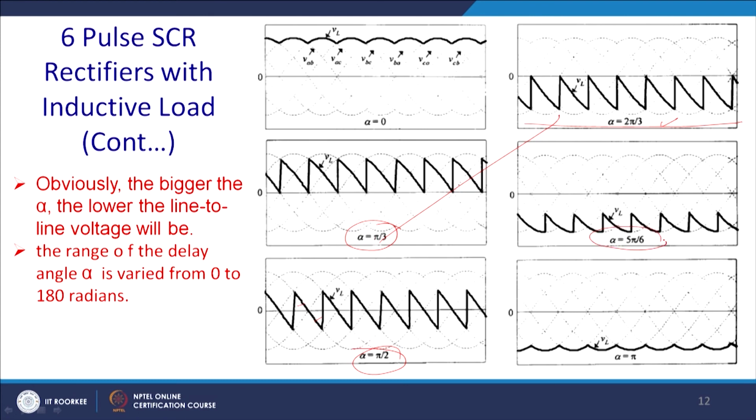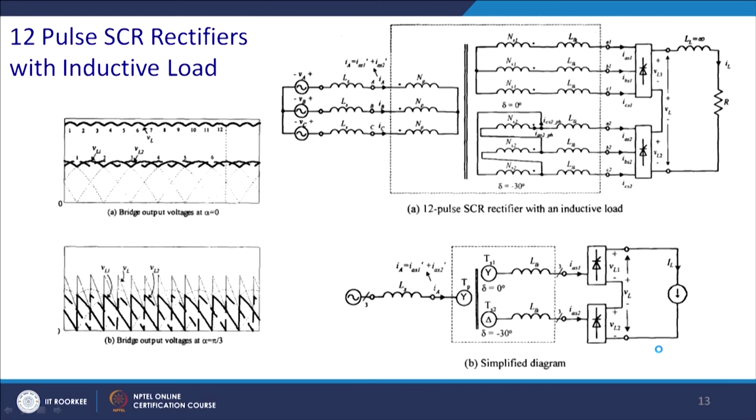Same way you can get the mirrored image for alpha equal to 30 degree, which has not been drawn, and this is alpha equal to pi. In that case, this is just the mirrored image of this one with respect to the x axis, and ultimately you get this figure, and that is quite common, you have studied it in the power electronics courses.